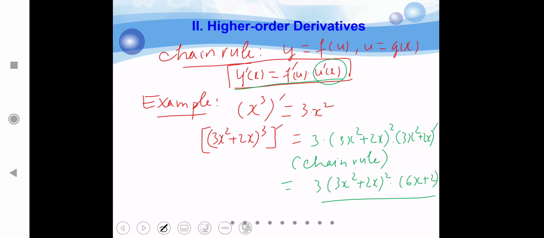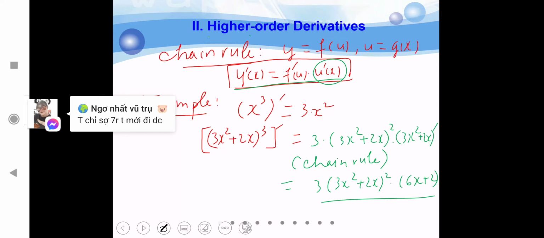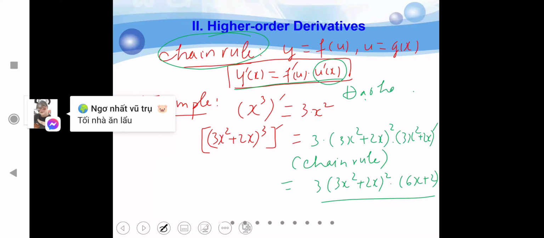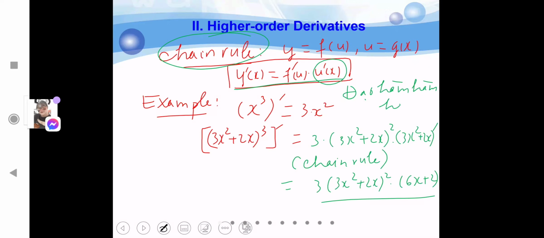Okay, we apply the chain rule. What does it mean, chain rule? Chain rule.